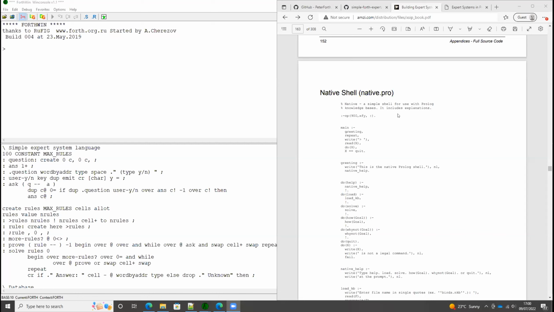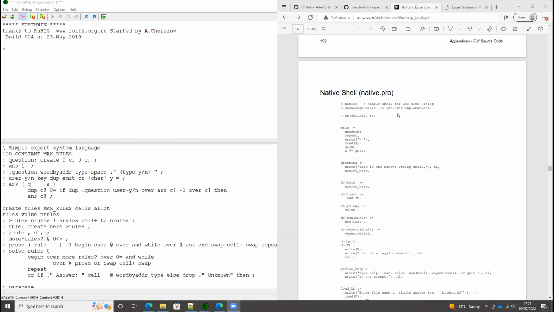Now, the objective of this was to try and explore certain parts of artificial intelligence using Forth. So I worked on reviving this old implementation of Prolog in Forth, and I managed to get what was written in that paper to run. So I was pleased.